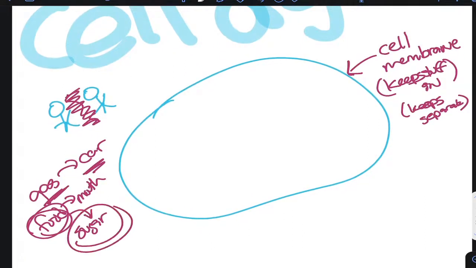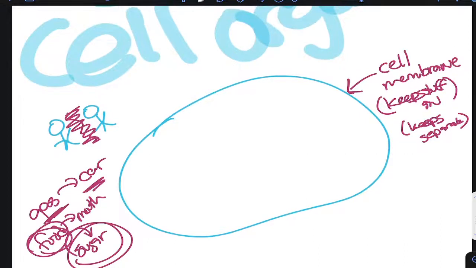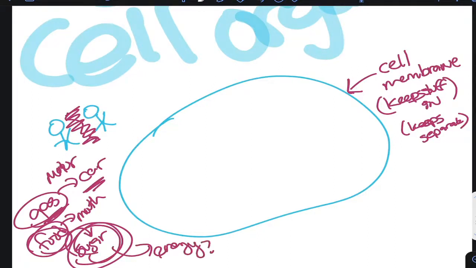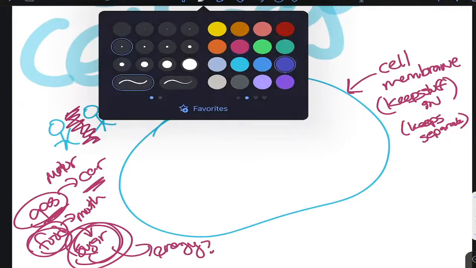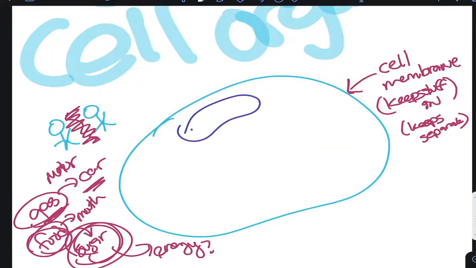You need this. What in the cell takes in sugar and makes energy for you? Because the motor in a car takes in gas and turns it into energy. What in your cells takes in sugar and turns it into energy? That is going to be a special part called a mitochondria. Now, that's a big word.